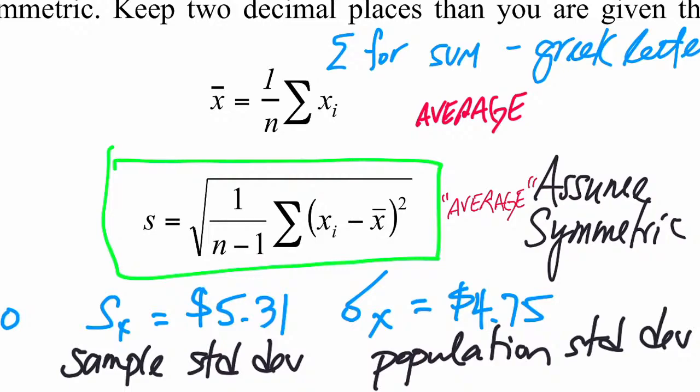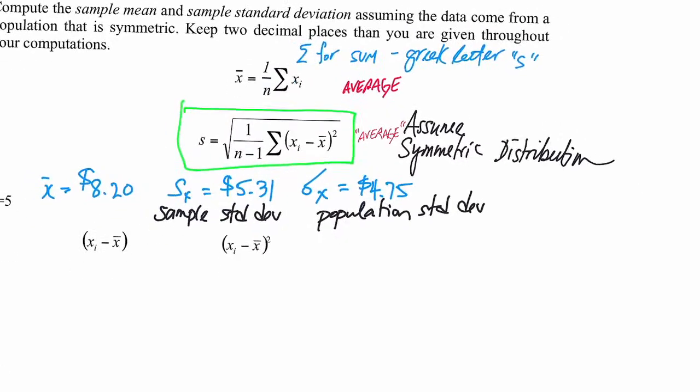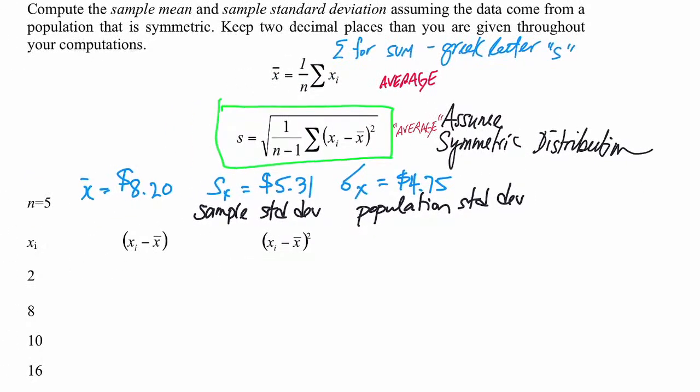So without talking about all the rest of what's going on here, this is the formula for the population standard deviation.